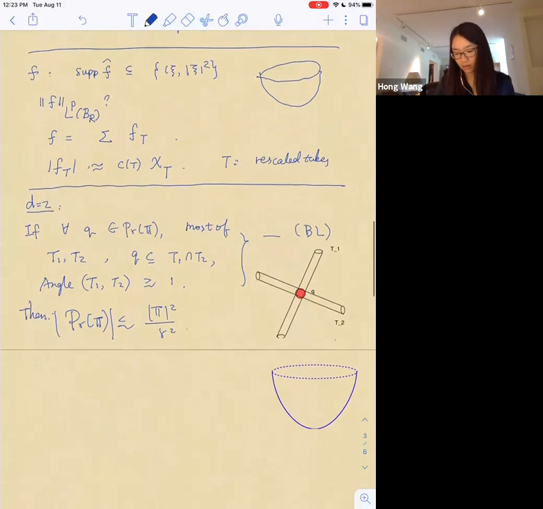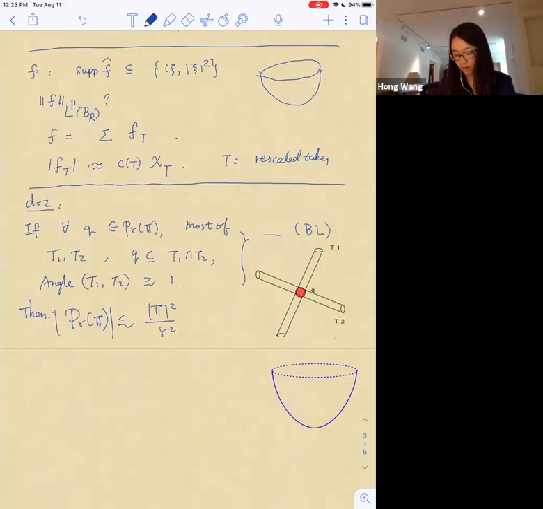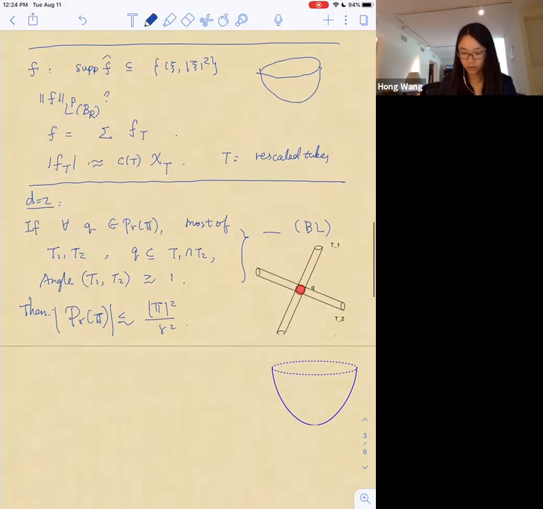One may ask, can we do better when the set of tubes are in some special configuration? So now we are ready to introduce our result.